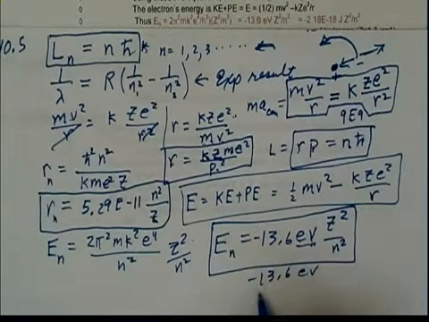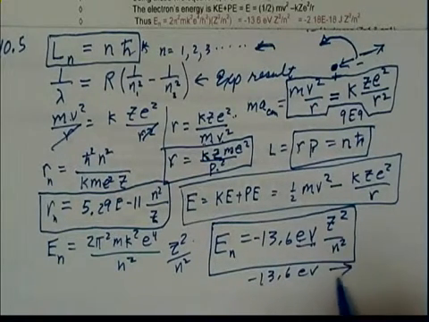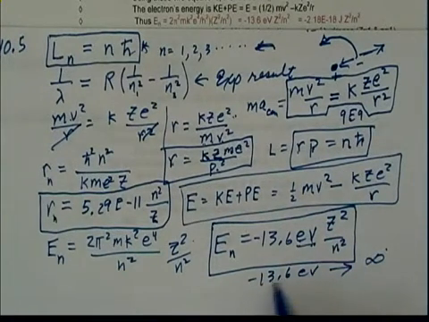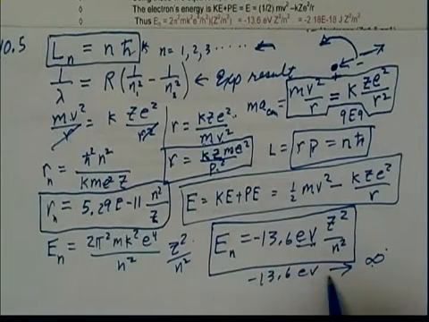And it's negative because it takes this much energy to take that electron all the way out to infinity, basically to ionize the atom. So this is called the ionization energy for hydrogen from the lowest energy level.